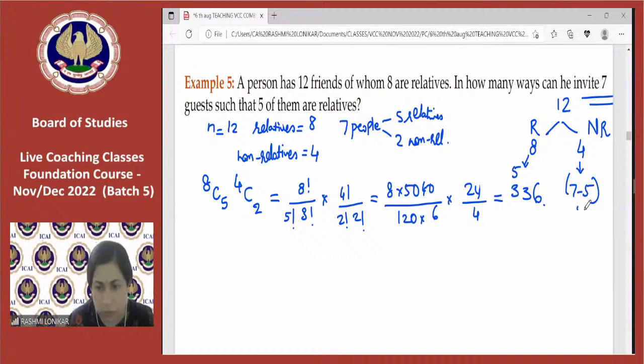So 7 minus 5, so 2. That is why this 2 comes from here. So out of 12 people, 8 are relatives, 8C5. Non-relatives are 4. How many out of 4 do I have to invite? 2. So 4C2.